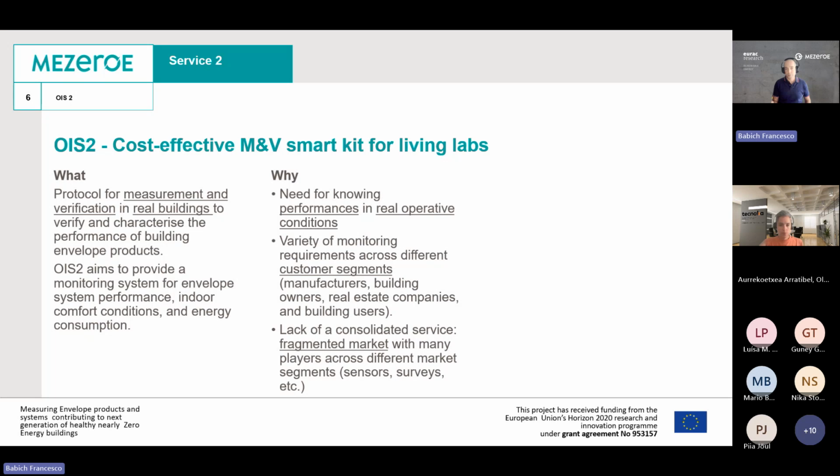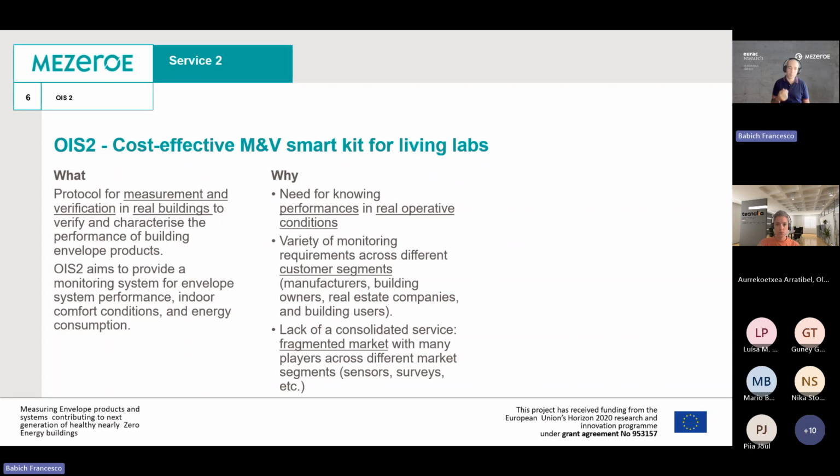Why we thought this was relevant? Because it's highly needed for companies to know how these products behave in reality, not just in standard lab conditions. Because also there are different customers with different requirements.